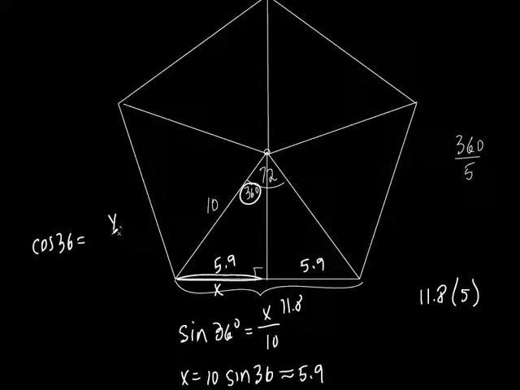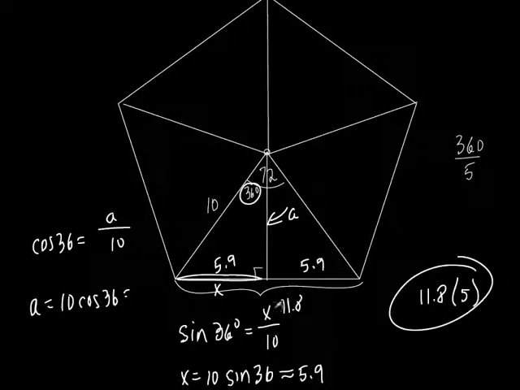We'll call that y. And let's call it a for apothem. So a equals 10 times the cosine of 36, and then you got your apothem right there. That's your a. And so you take that and multiply it by whatever you get, take half of it, and you got the area of the whole thing.